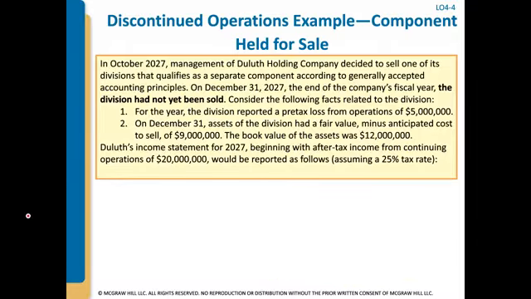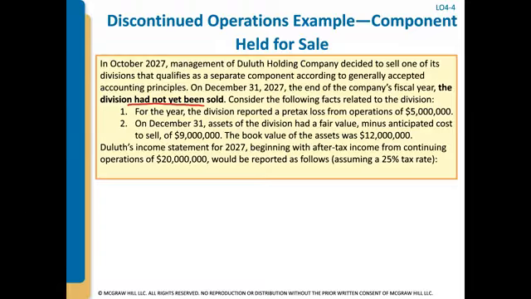Let's take this example. October 2027, management of Duluth Holding Company decided to sell one of its divisions that qualifies as a separate component according to GAAP. On December 31, the end of the company's fiscal year, the division had not yet been sold. And considering the following facts.